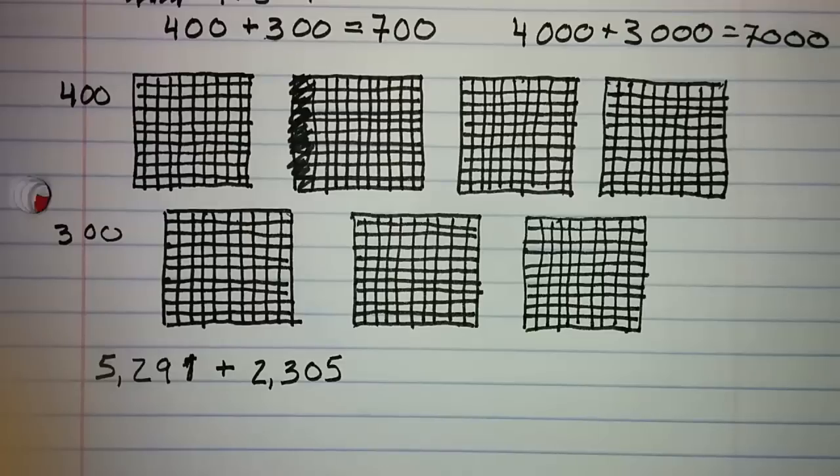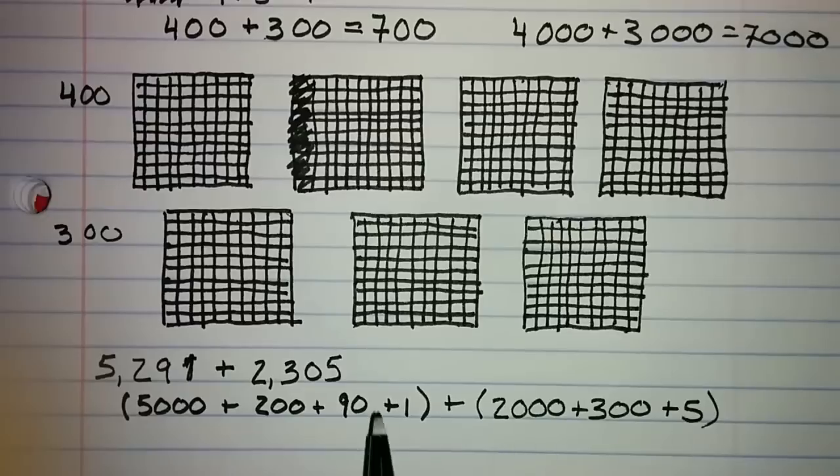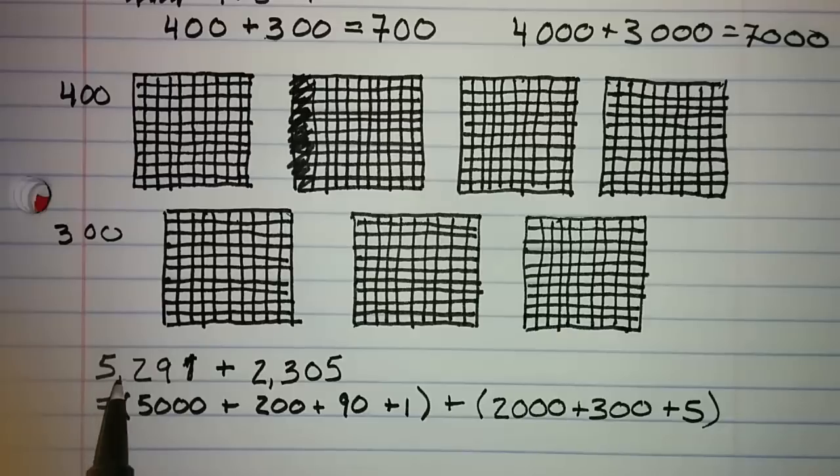Right? Well, this number has an expanded form. Notice that there's a 0 in the tens place here, so there's no number of tens in this expanded form. This expression is just another way of describing this number.